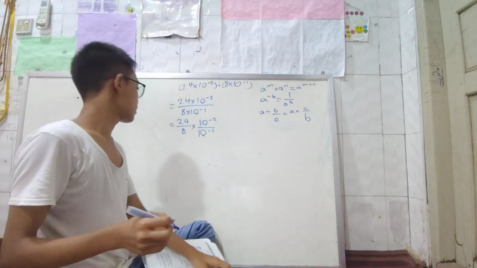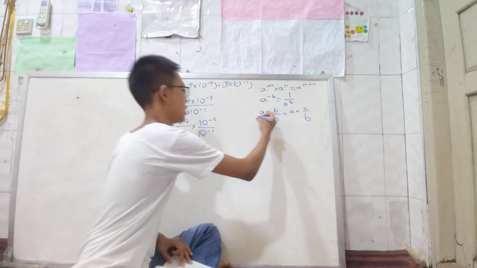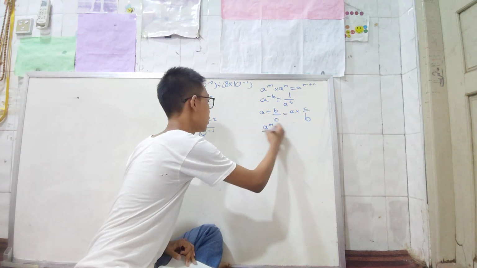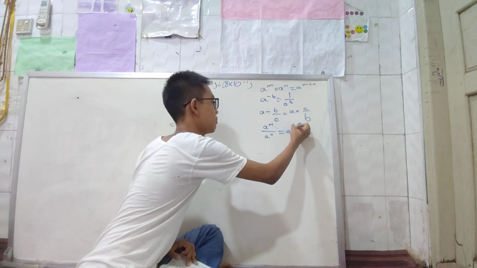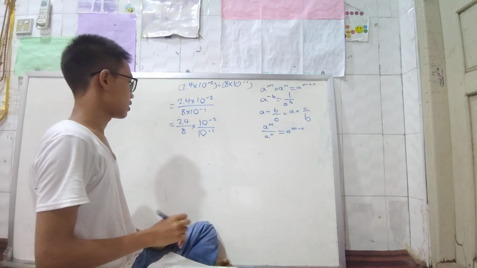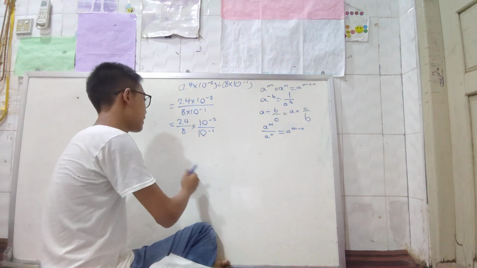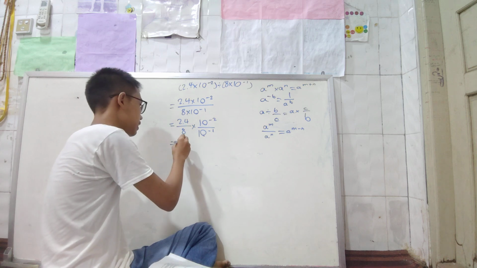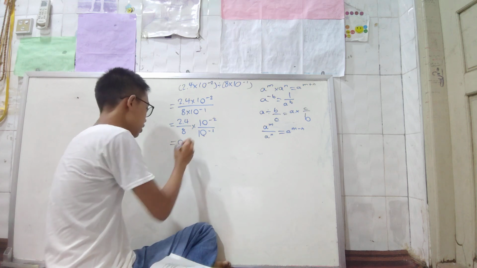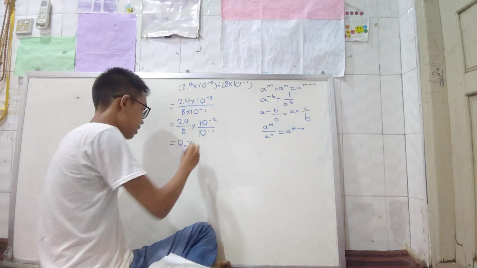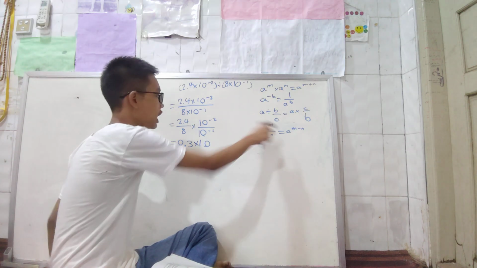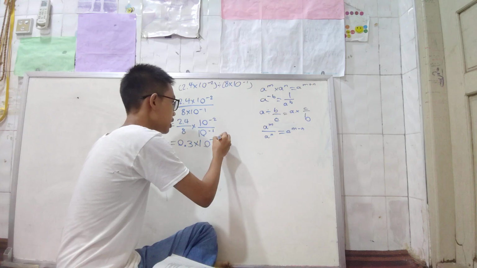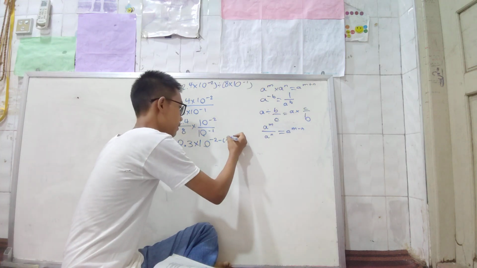There's a rule which says that a to the power of m over a to the power of n is a to the power of m minus n. So 2.4 divided by 8 is 0.3. I just did some mental math, okay? Multiply by 10 to the power of m minus n, where m is negative 2 and n is negative 1.